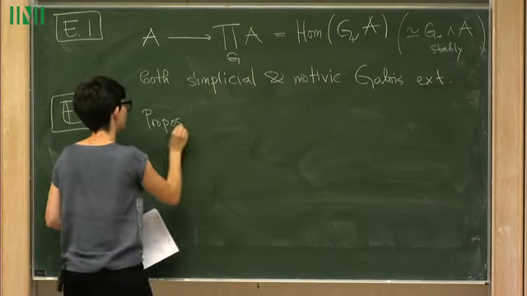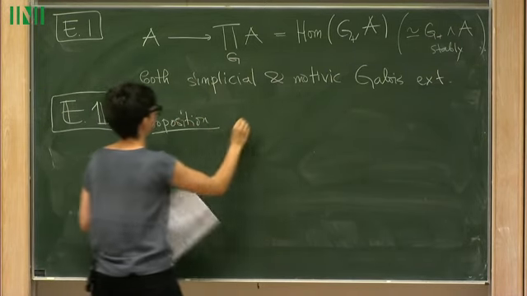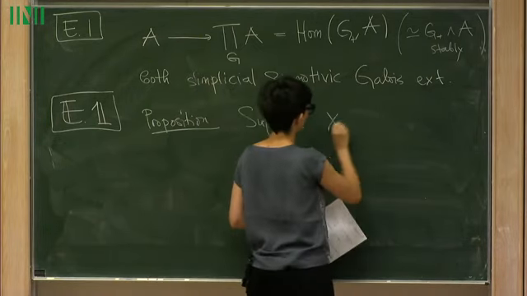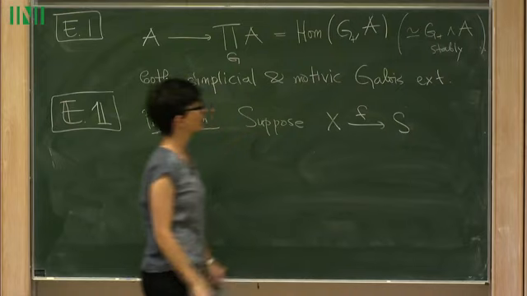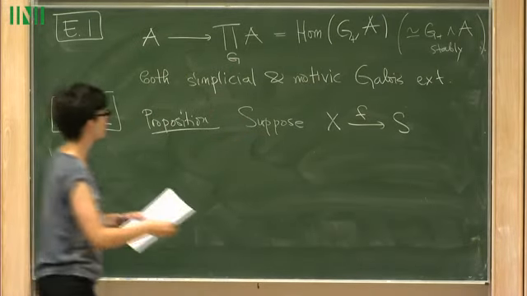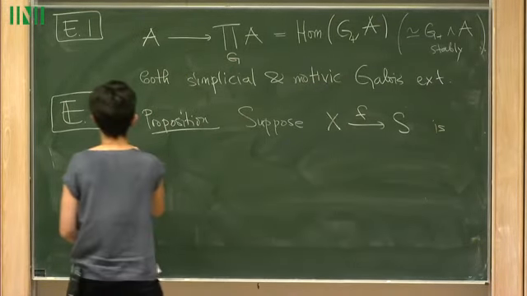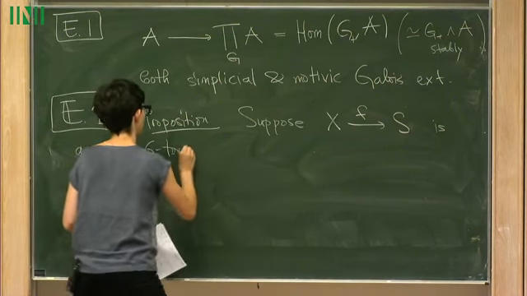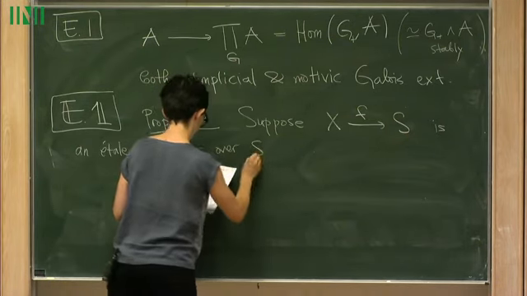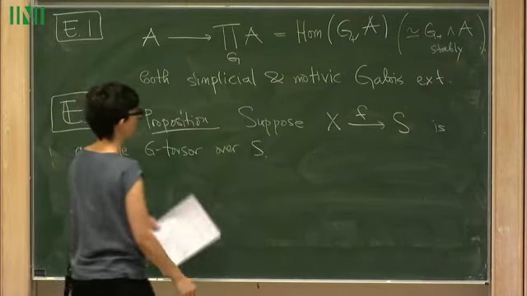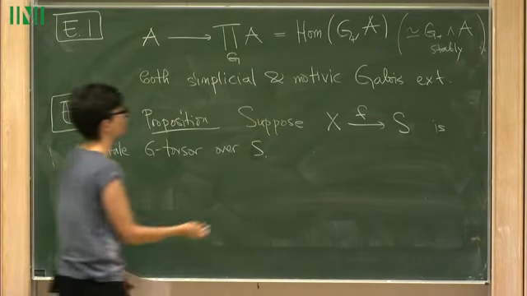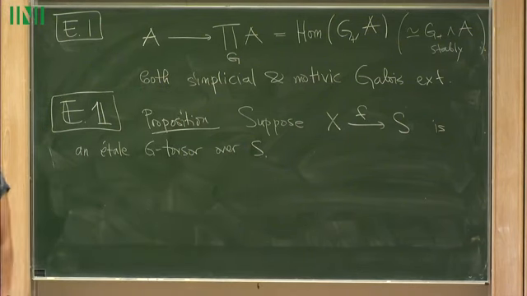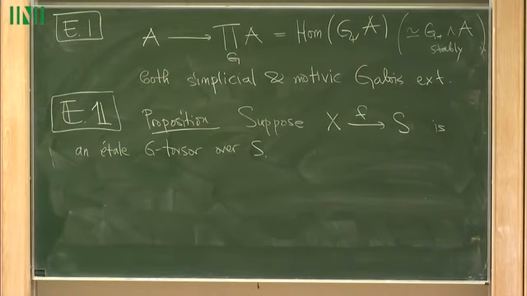Proposition. Okay, so we start with a G torsor over S. So an étale G torsor. And so, for example, if S is spec of a field, then X could be spec of a Galois extension of that field.